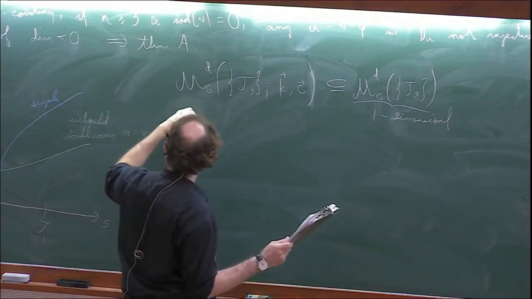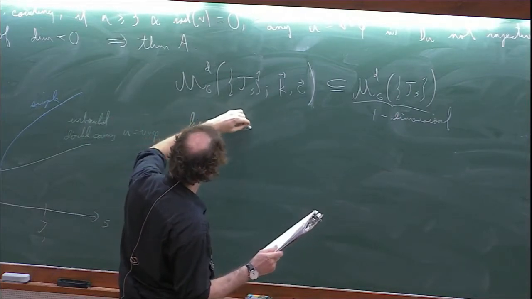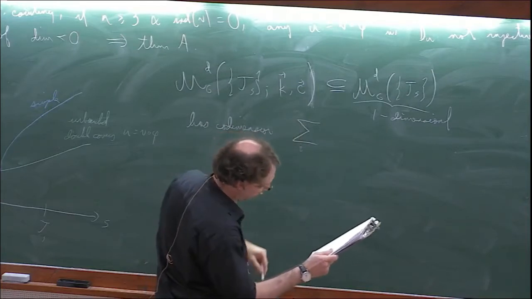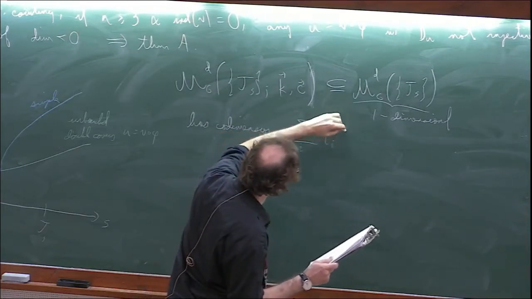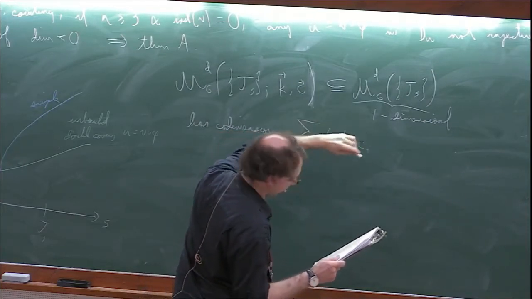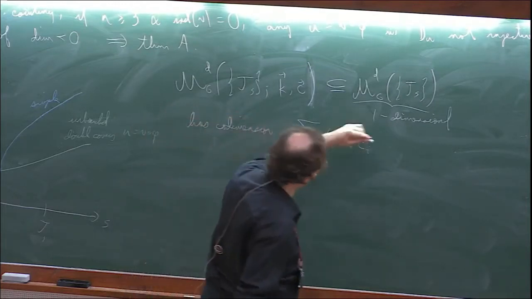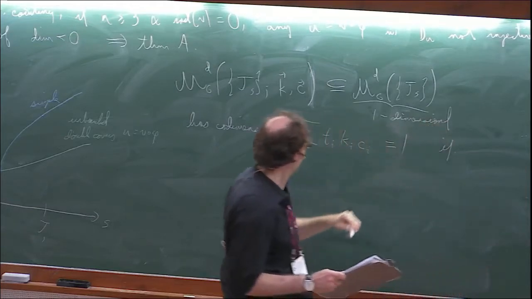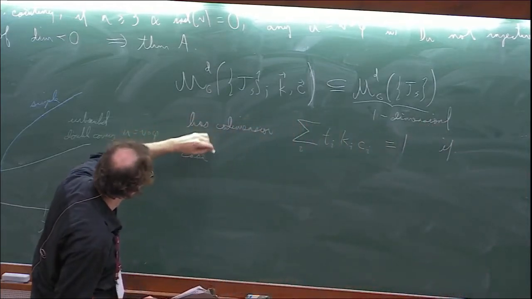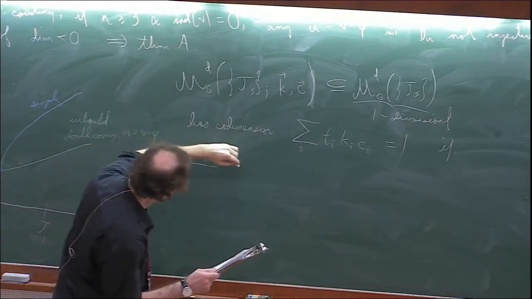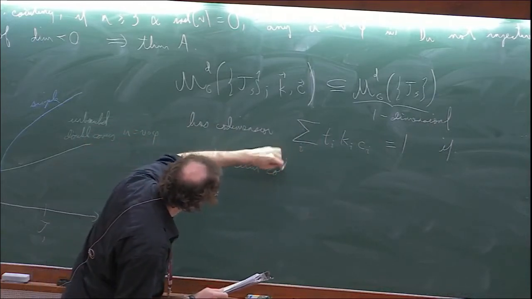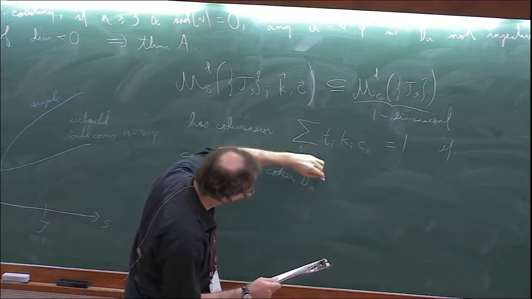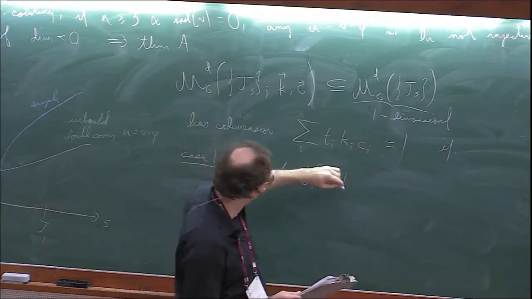Well, in general, its codimension is the sum over all the representations of type of representation times dimension of kernel times dimension of co-kernel. That's going to be 1 in exactly 2 circumstances. Case 1 is that the dimension of the co-kernel of the plus part of the operator becomes 1, but not of the minus part.